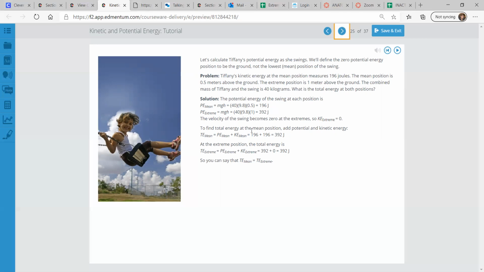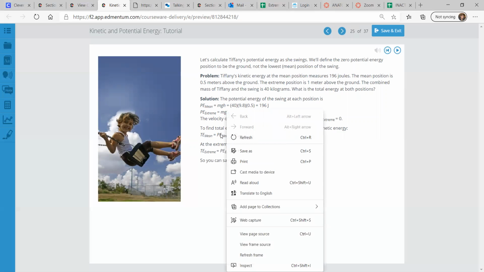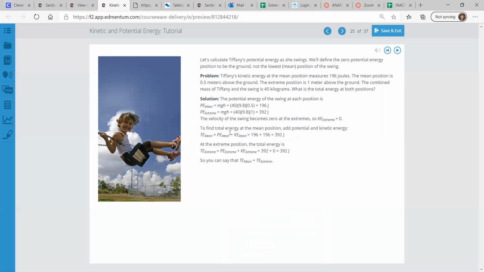So to find the total energy, you're adding up the potential energy and the kinetic energy at the mean point, when the swing is lying directly below the bar. We're told the kinetic energy at the mean position is 196 joules.